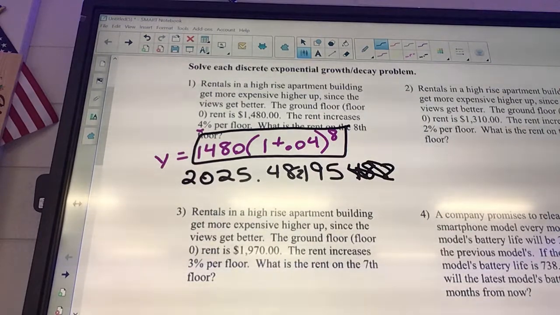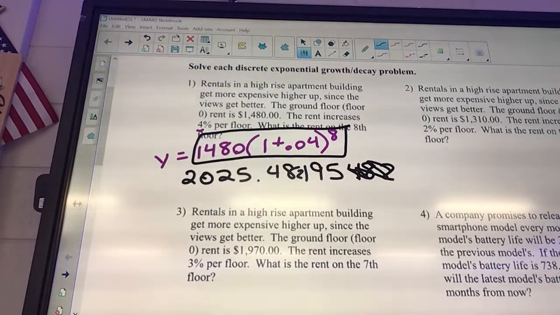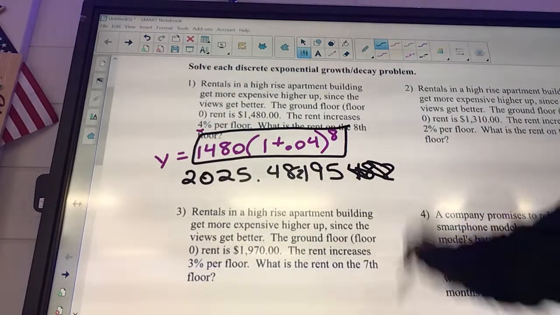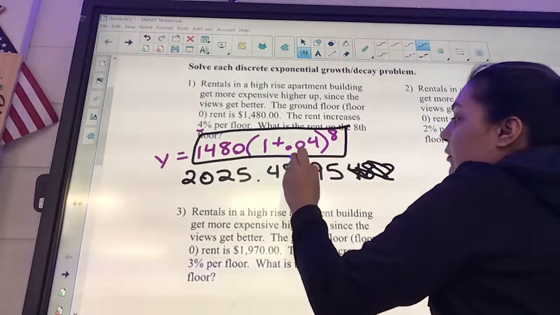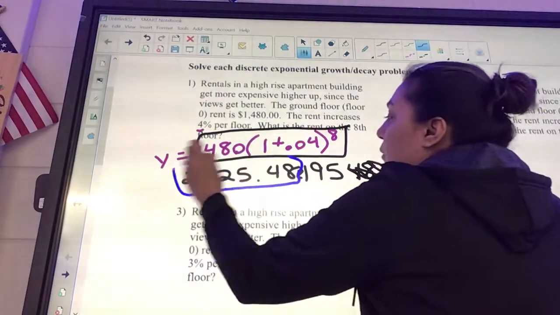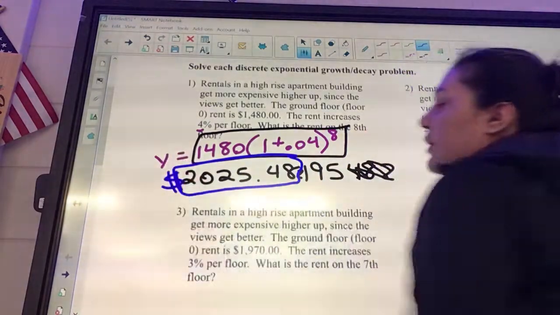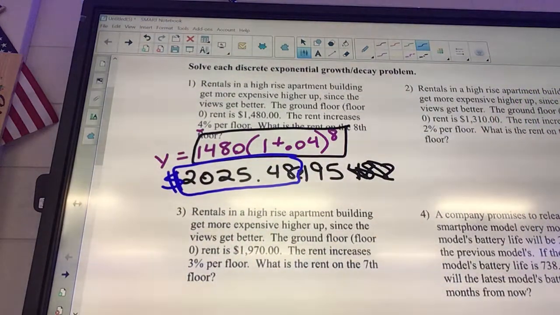Well, what if you have 10.55? What do you go in there and tell them? Can I give $10.55 on pump 4? 10.55, but you don't say 10.482195, right? Because you can't do money like that. So how many decimals does money have? 2. Okay, so you can just kind of circle it, but you should only be using these 2 decimals. And in this case, I'm not going to round. Okay, we're talking about money. So for the 8th floor, it's going to cost $2,025.48.